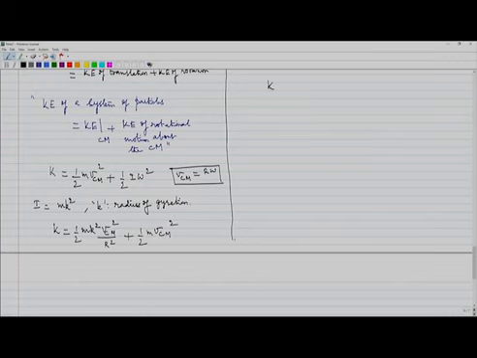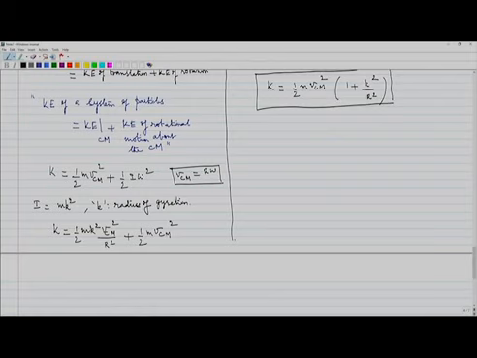Therefore K is equal to half little m v cm squared times 1 plus k squared by r squared. This is a very standard formula.